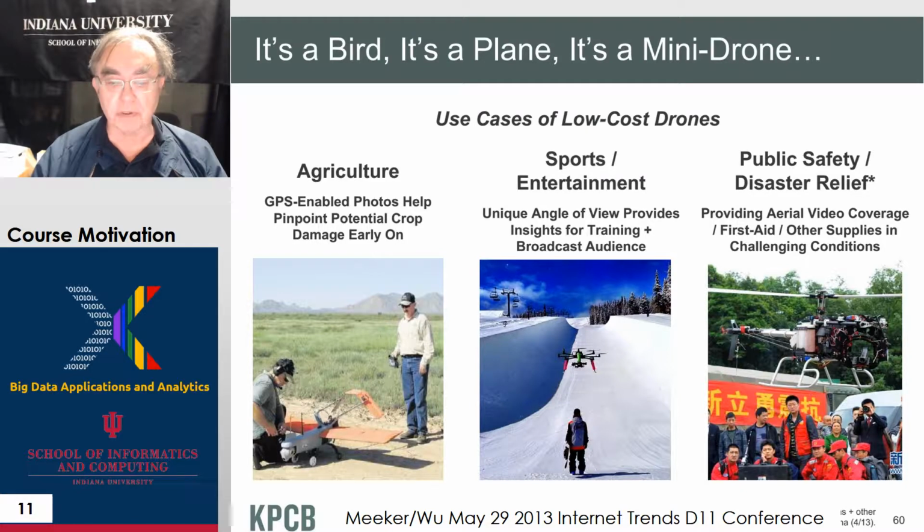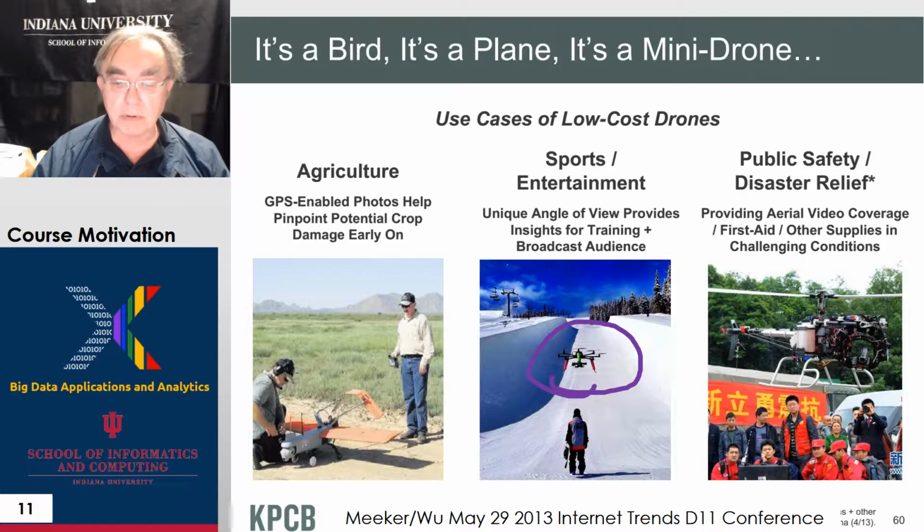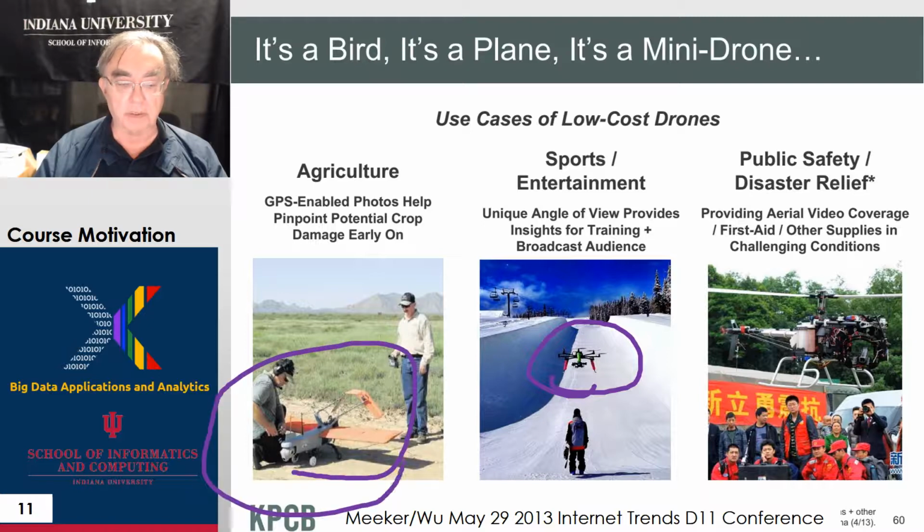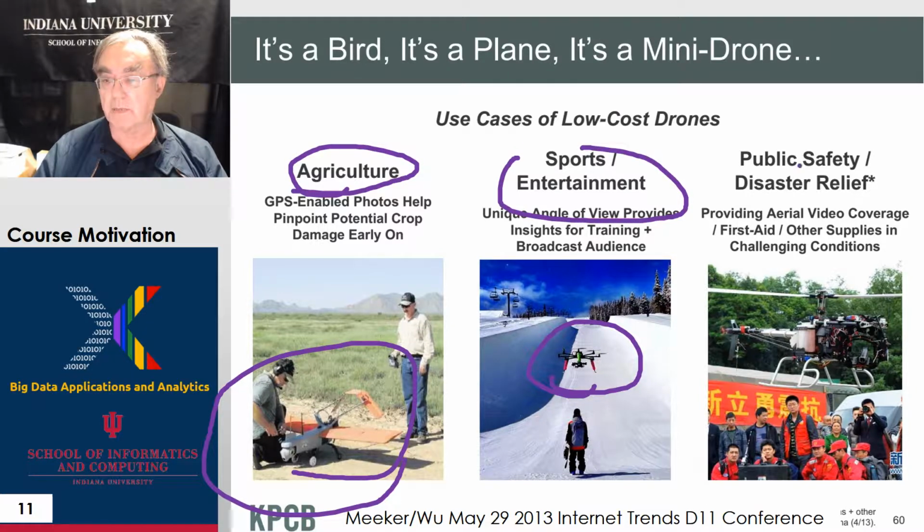Here we have, of course, drones as another example. Here's a nice drone, a hexacopter, or I don't know how many rotors there are. And here we have a more traditional aircraft drone, and they're used for agriculture, sports and entertainment, and also for search after disasters and giving immediate first aid response and things like that.